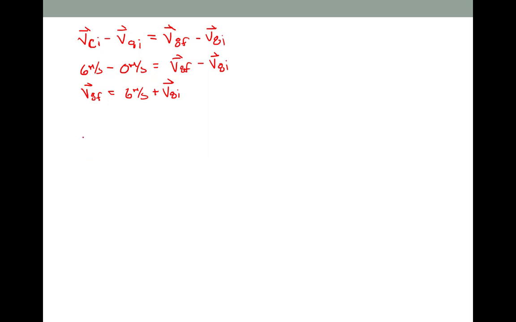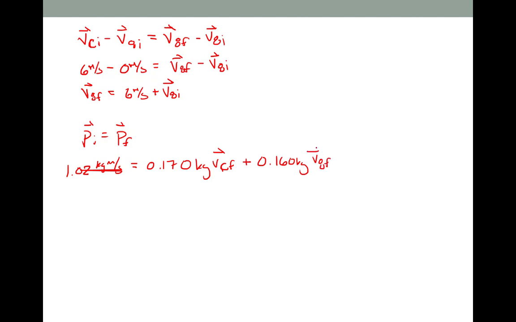Now I can look at conservation of momentum and set 1.02 kilogram meters per second equal to 0.170 kilogram VQ final plus 0.160 kilogram V8 final.